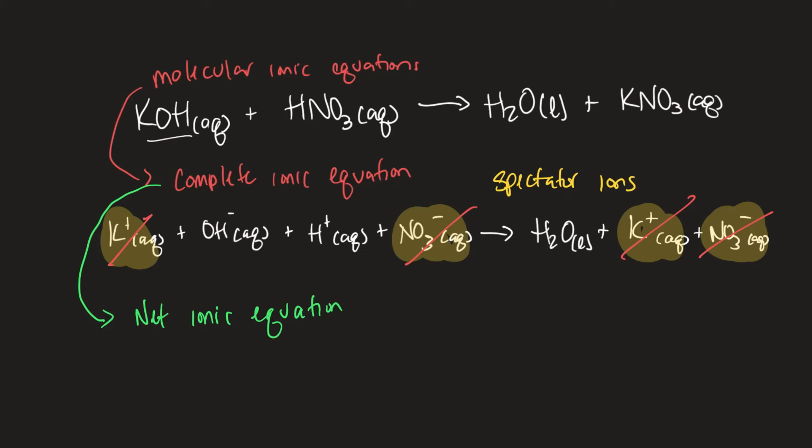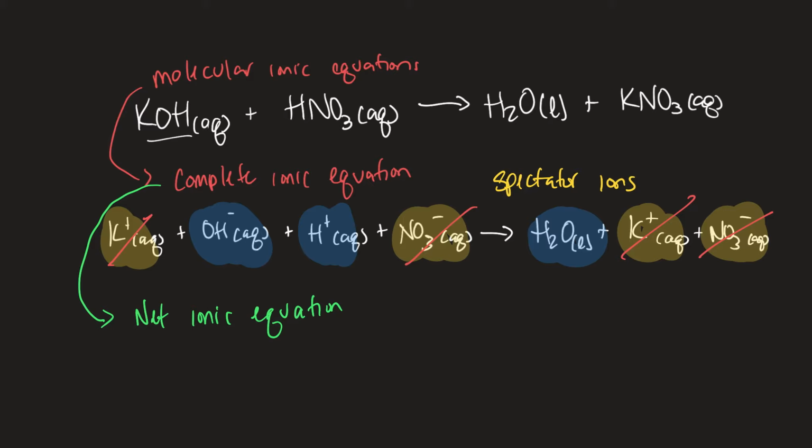The net ionic equation illustrates which ions actually took place within the chemical reaction, the substances that really took part. We notice that OH and H do not reappear on the product side, so we're only looking at substances that are not copied again on the other side of the reaction.